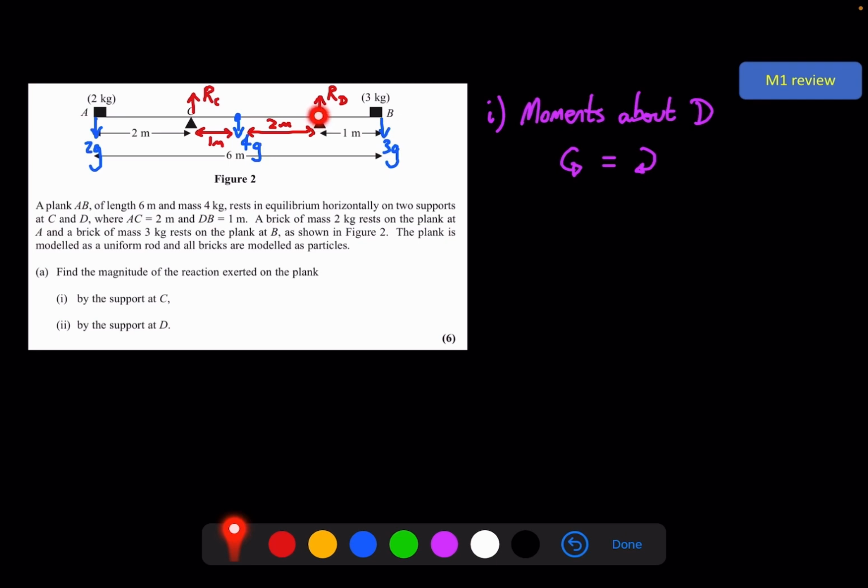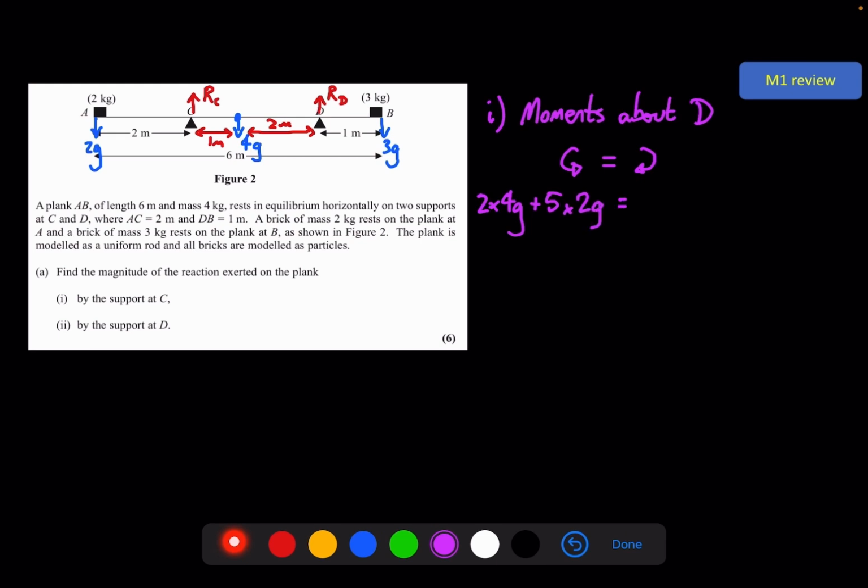So the forces that are trying to push this anti-clockwise about the point D are this one and this one. And I know the distances of each of those two. So we've got 2 times 4G plus 5 times 2G.